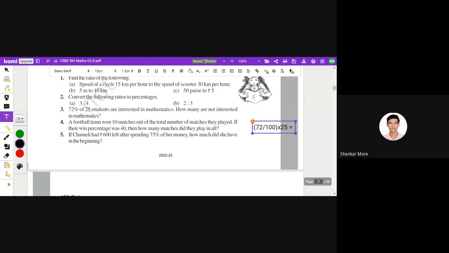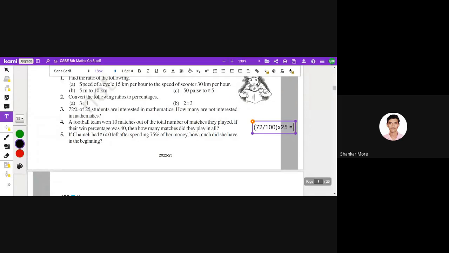That's 18, is it? Okay, you have already written the formula, but that's great to see. 72% of 25 is going to be 18, correct.